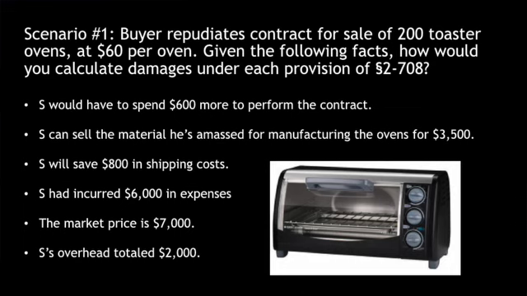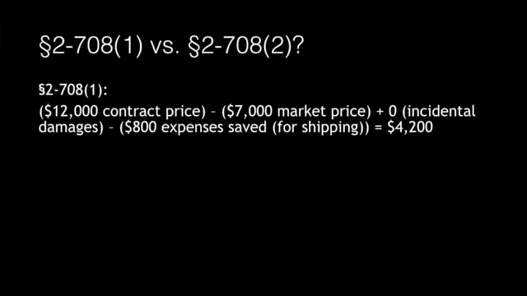What would damages look like under 2-708(1), and what would they look like under subparagraph 2-708(2)? Plugging in the data we have to the formula provided in those provisions would get the following.